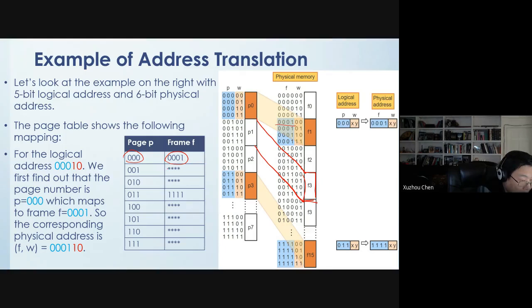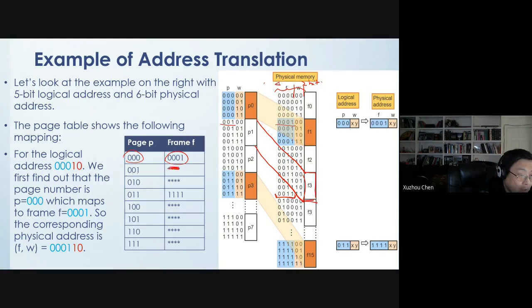Then I can fill in page 1, 001, with frame number 3. Remember, the frame number actually uses 4 bits, because the physical memory address is 6 bits and I only use 2 bits for the offset.